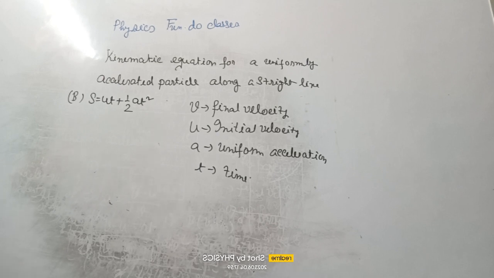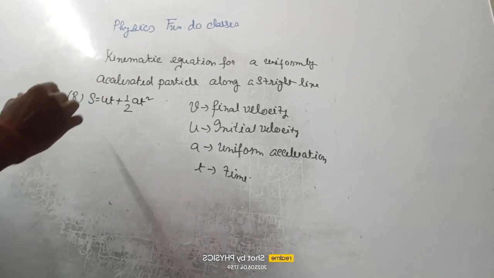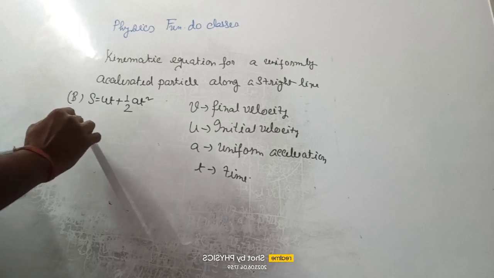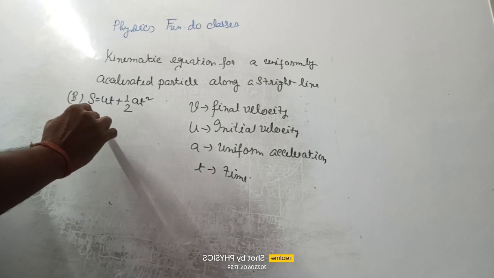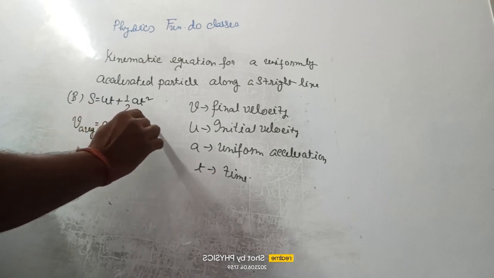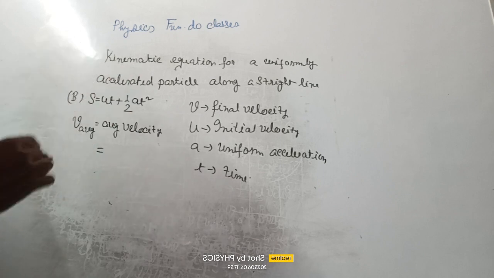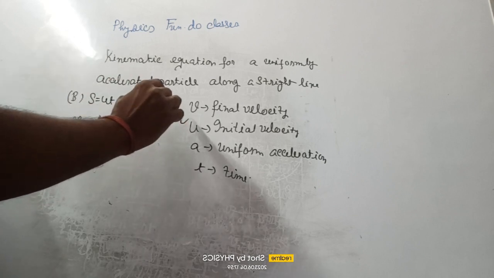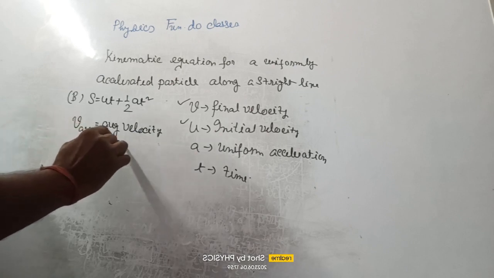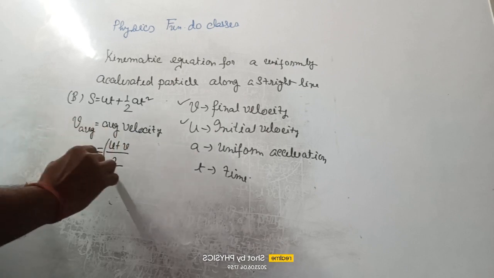Here we have to consider the average velocity. V average is the average velocity of the particle. Initial velocity is u and the final velocity is v. So average velocity is u plus v by 2.